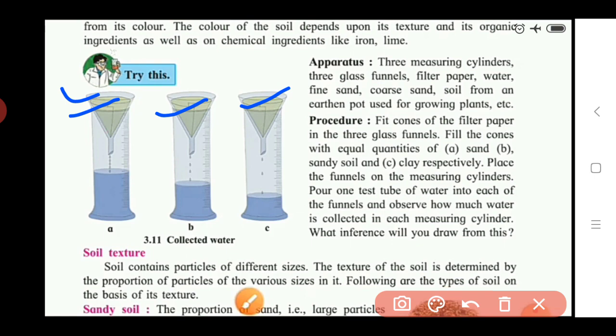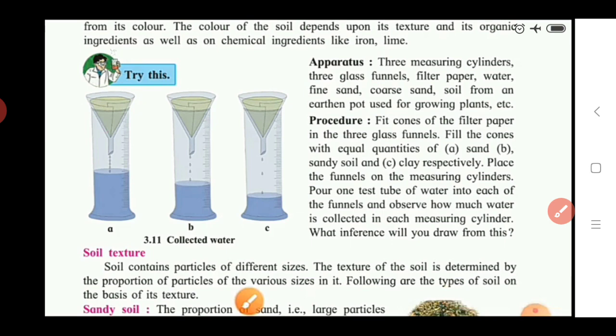After that, place the funnels on the measuring cylinders like this. Place all the funnels on the A, B and C measuring cylinders. So here pour one test tube of water into each of the funnels. How much water should you add here? You add one test tube of water into that funnel.